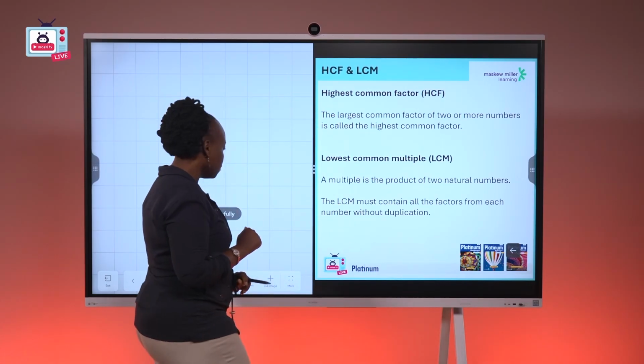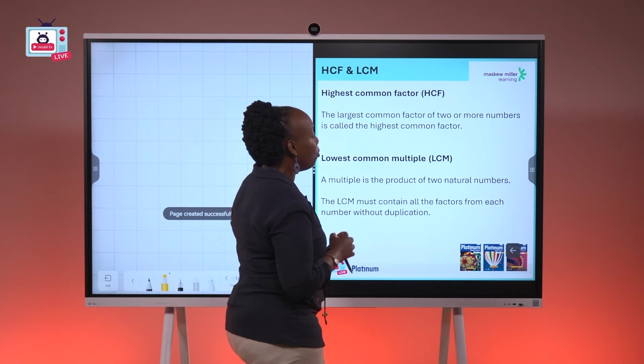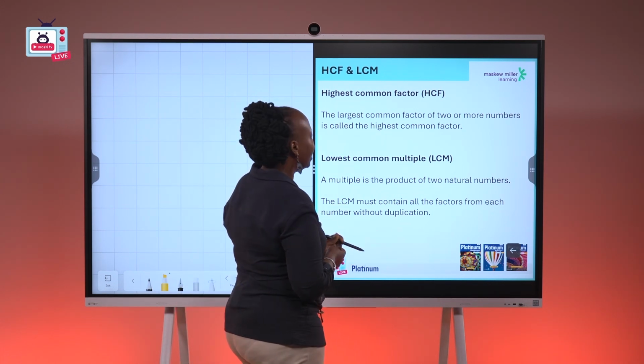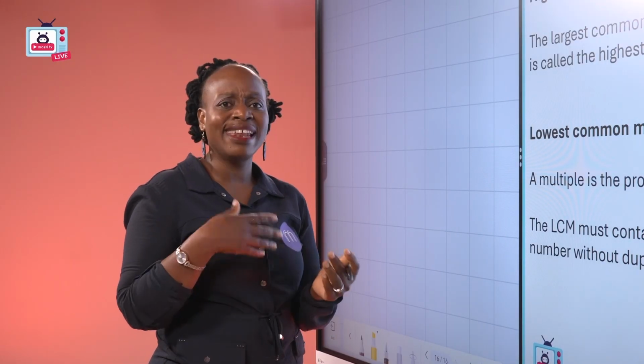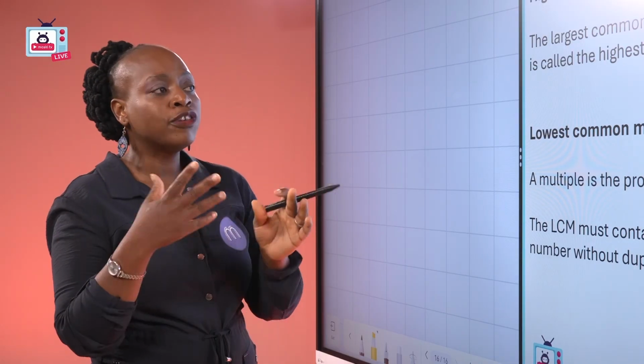All right. Now, we have highest common factor, as we said, as well as lowest common multiple. By definition, the highest common factor is the largest common factor of 2 or more numbers.